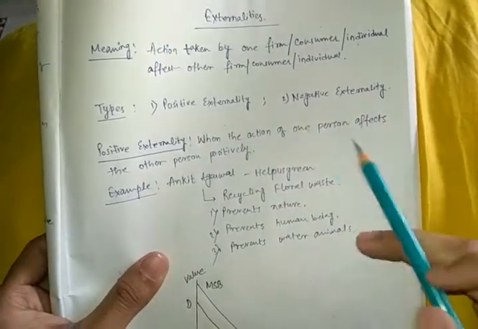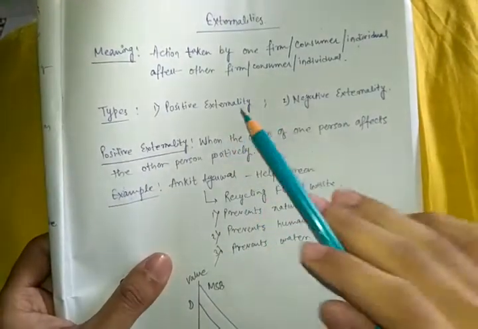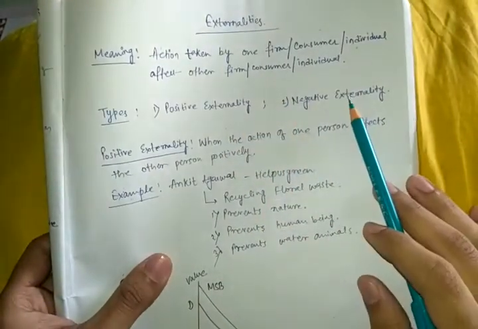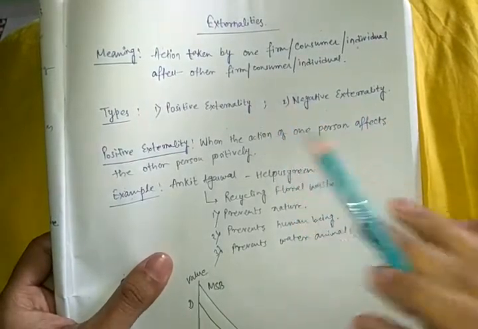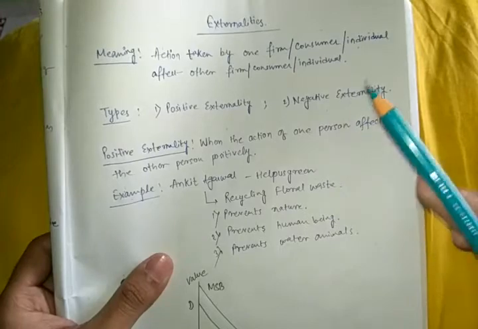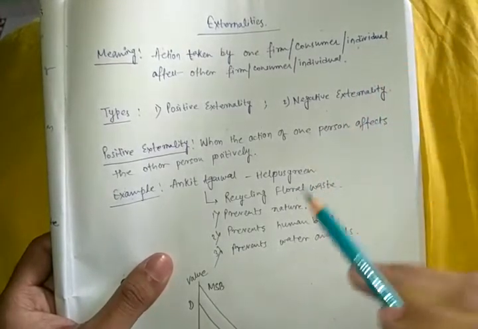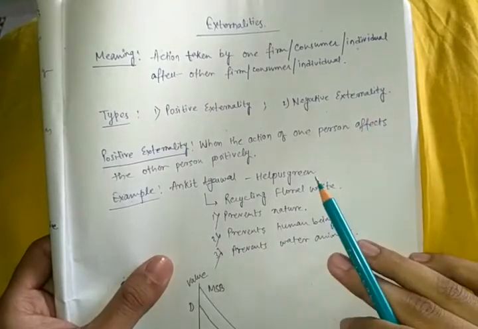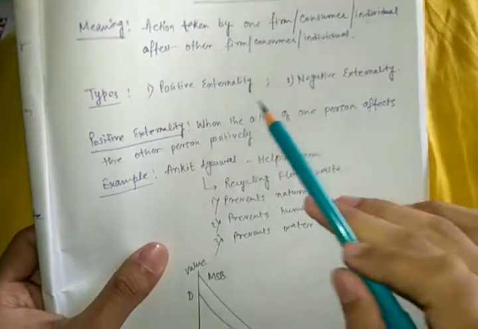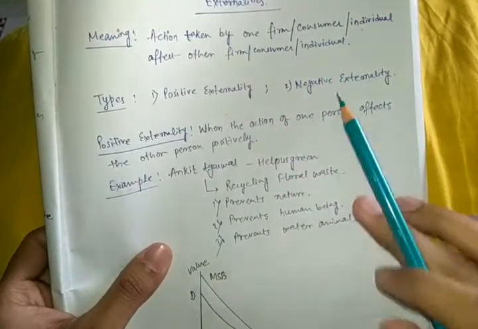Now we'll discuss the types. Basically there are two types: positive externality and negative externality. There are obviously other types, like production externality, consumer externality, and behavior externality, but for simplicity we are taking two types: the positive one and the negative one.